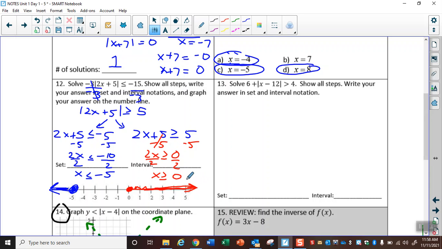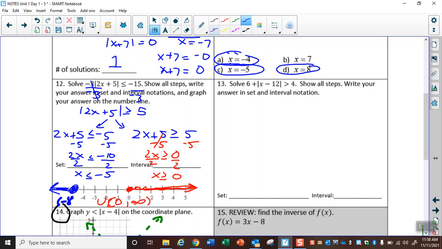All right, and so what this looks like as an interval would be, the red is going to be 0, but it's actually going to be a square bracket because it equals, at 0 to positive infinity, union, and then the blue is going to be negative infinity.